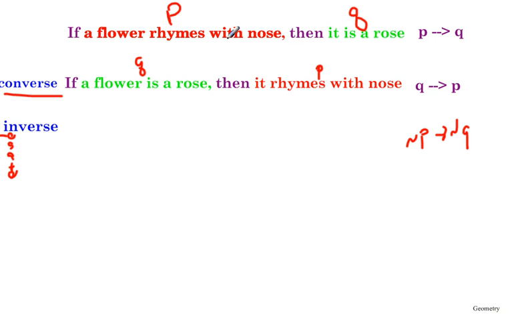So the opposite of being a flower that rhymes with nose is going to be a flower doesn't rhyme with nose. And the opposite of it being a rose is going to be it's not a rose.